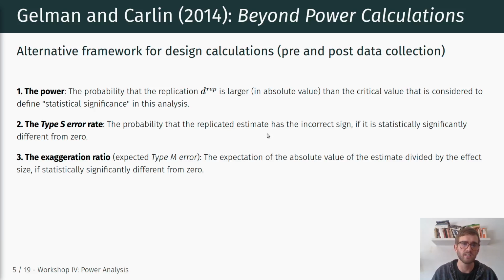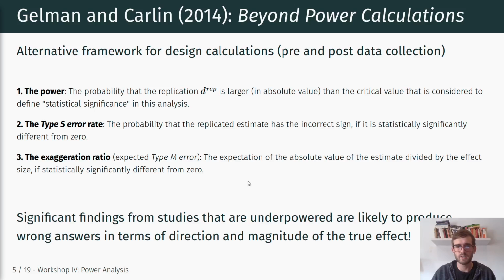How much it tends to be larger than the true effect size. And this is not a trivial ratio. Depending on the design, it can be quite large, where, if we condition on statistical significance, we know that the effect size that we see is very likely to be an exaggeration, very likely to be larger than the true effect size. This is also a problem that has to be taken into account beyond simple statistical power.